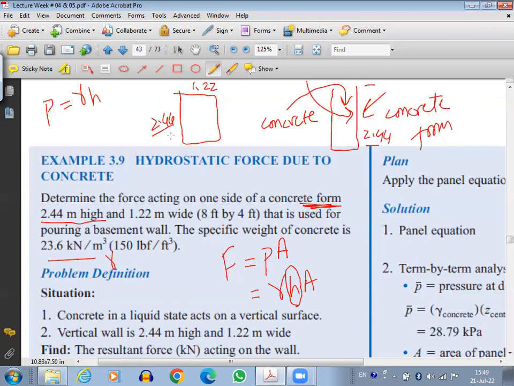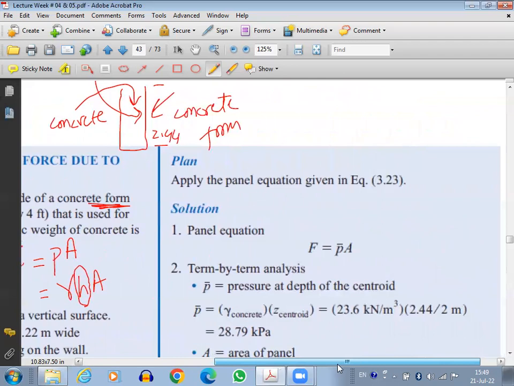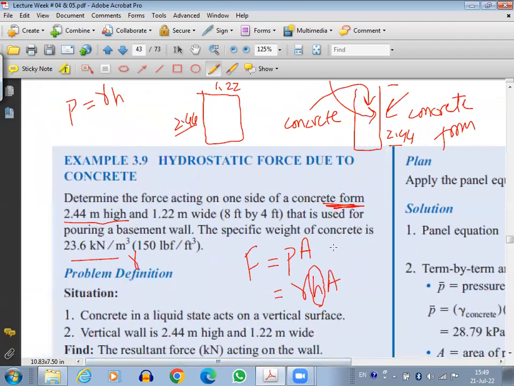So 2.44 divided by 2, that will be 1.22. So here this h will be 2.44 divided by 2. Area will be 2.44 into 1.22, and gamma is given. So I will just substitute the values of gamma, h, and A, and I'm going to get the force.